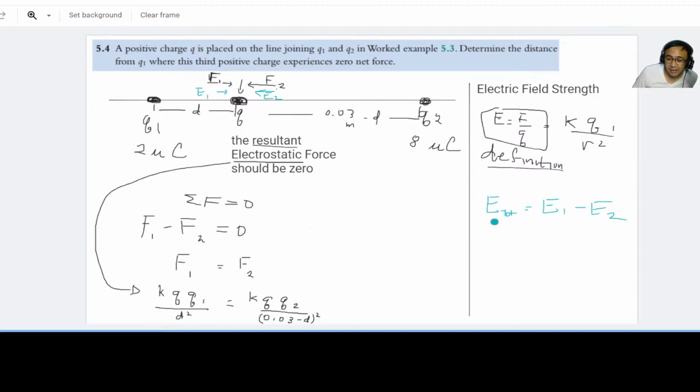Because of this, you can say that the resultant force equals zero, which is what we're using here, or you can also say that the resultant electric field is equal to zero. The reason you can go here is that all you have to do is divide this by Q.